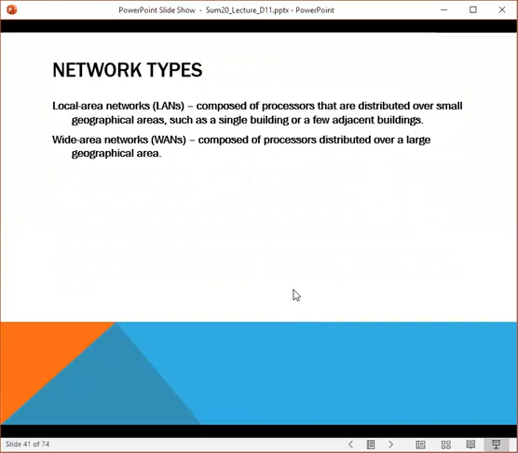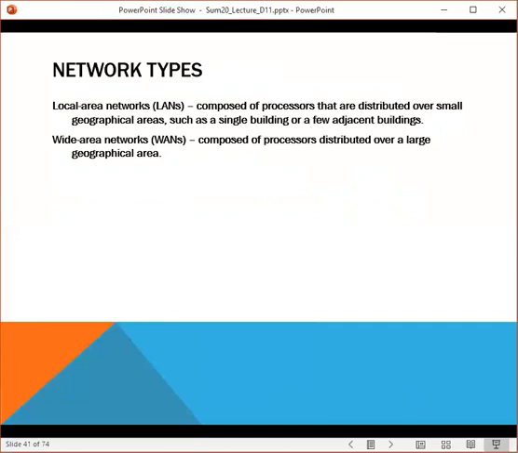Some of the networks that we're dealing with will be local area networks, and that's where the computers are distributed over a small geographical area, such as in one single building. Wide area networks need a more powerful routing protocol, and they're networks that deal over large geographical areas.